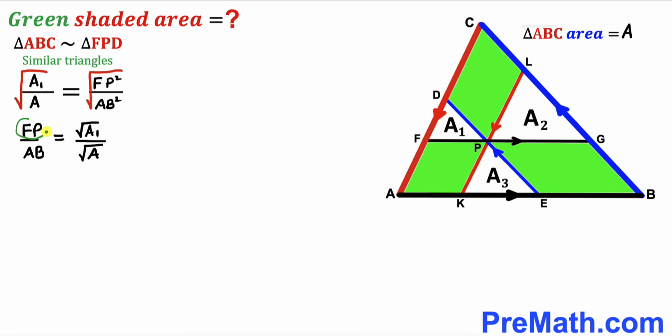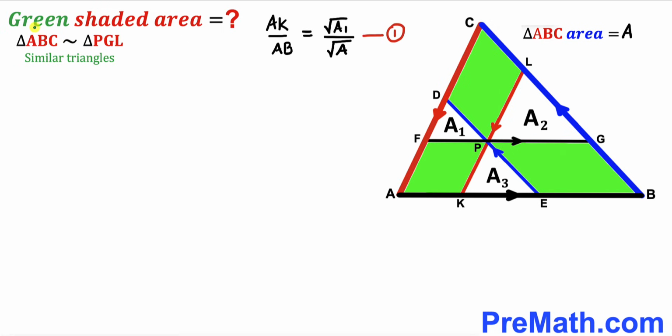We can see that this FP segment length equals this segment AK length. So I'm going to replace that FP with the AK over here, as you can see in this next step. And I'm going to call this one our equation number 1.